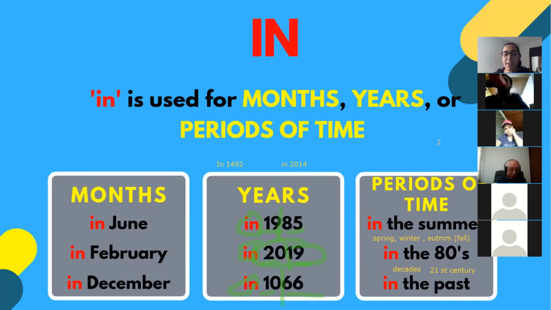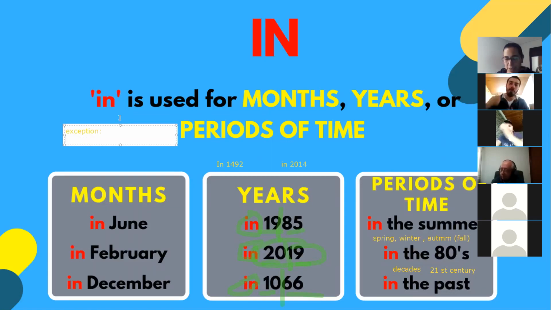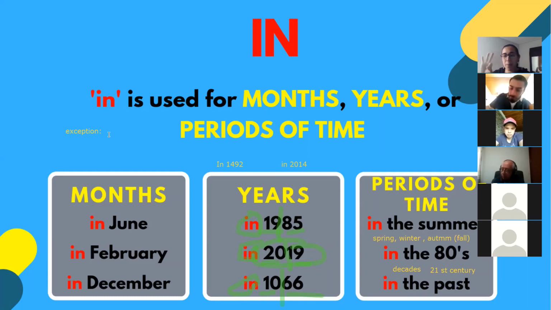Okay, something important, and there is a little exception we can see in here. I will write it in here. So we use the preposition in when we want to express the period of time, but we have it in the day, right? We have 3 periods of time in the day, right?